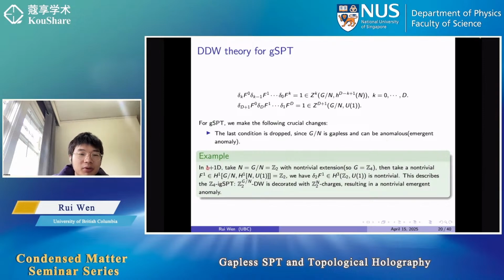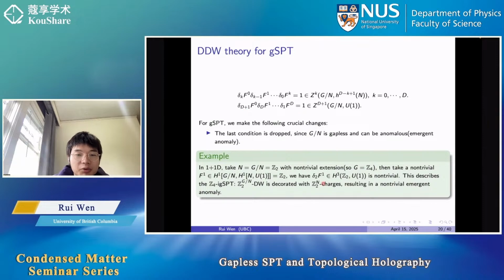So for example, in 1 plus 1D, if we take N to be Z2 and G over N to be Z2 with a non-trivial extension, the whole group is Z4. Then if we take a non-trivial F1, it turns out it's in this group, it's a cocycle, and this group is Z2. If we take the non-trivial element, you can check that this last condition is violated, right?